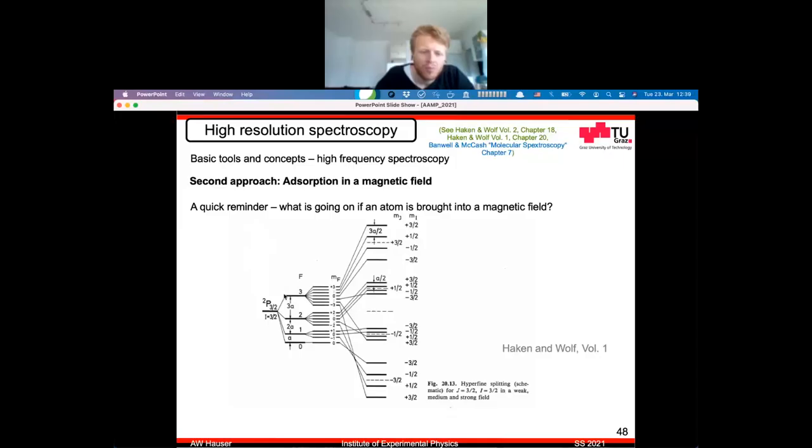Doubly degenerate? Yes, doubly degenerate if there is no field that splits it, because it's actually referring to the spin multiplicity, right? So if it's 2, it means there are 2 possible ways of how the spin can be arranged. So it must be an S of 1/2, a single electron.